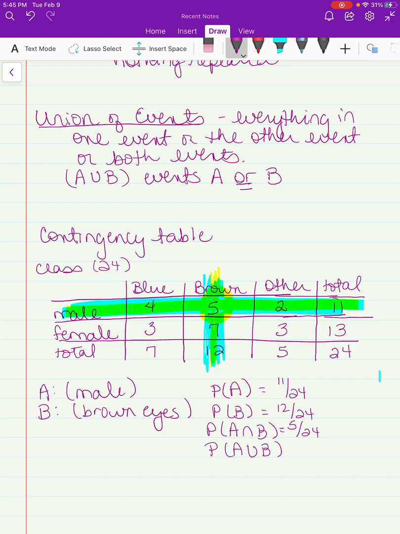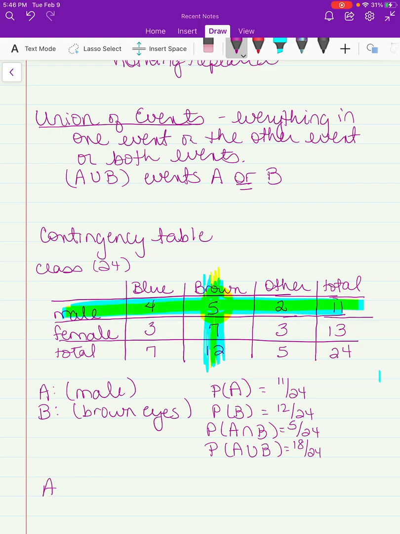So that would be 4 plus 5 plus 2, which is 11, plus 7, which is 18. Now, if you look at just the total brown and total male, 12 plus 11 actually gives you 23, which is much bigger than 18, which is the correct answer.